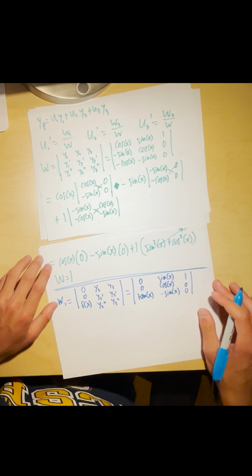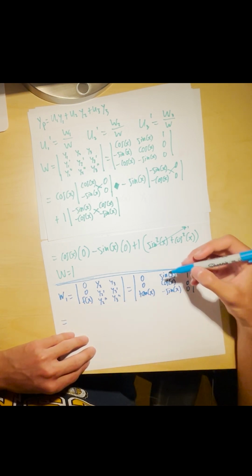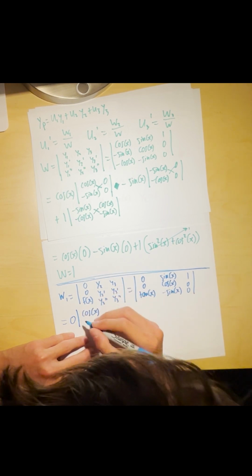Now we are going to evaluate this one in the same way we evaluated the last one. So we're going to have 0 times this determinant.